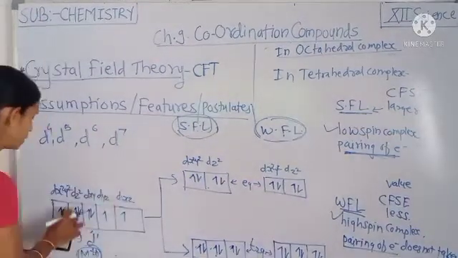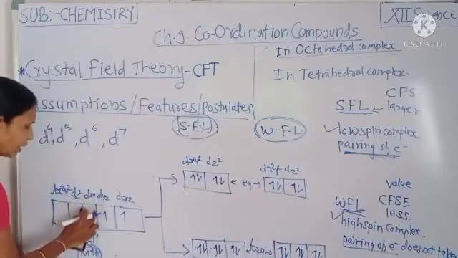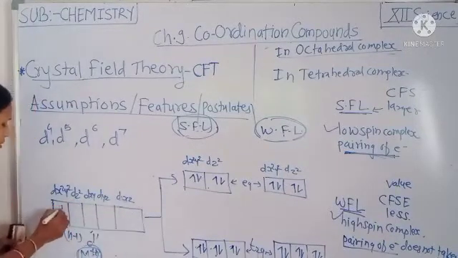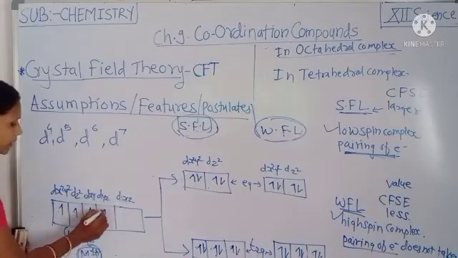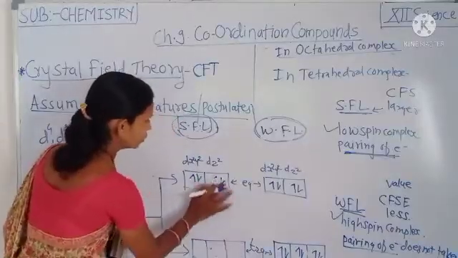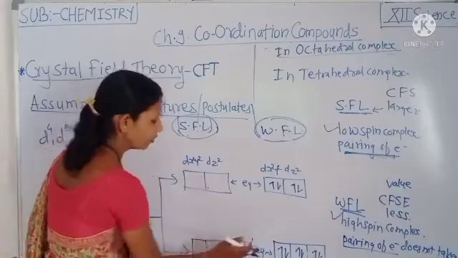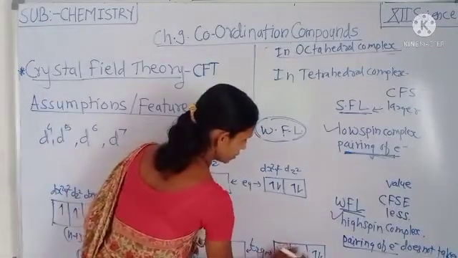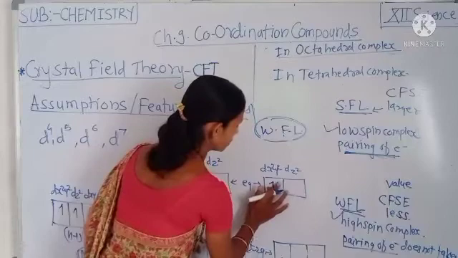If there are 4 electrons, they enter the split d orbitals of the metal ion.